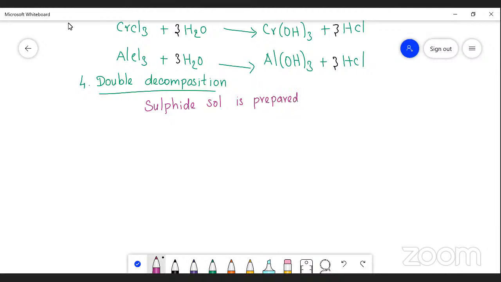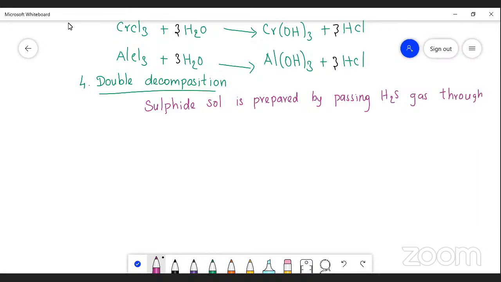Sulfide salt is prepared by passing hydrogen sulfide gas through the cold solution.